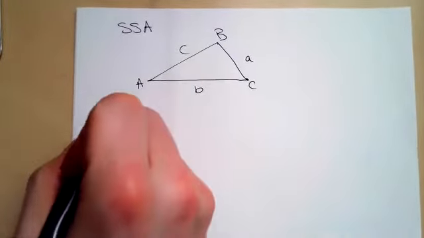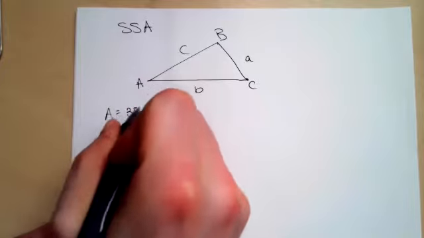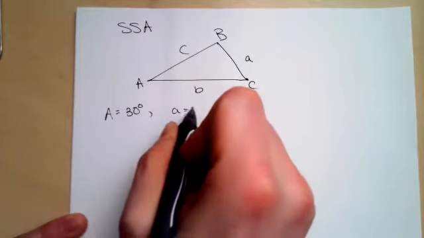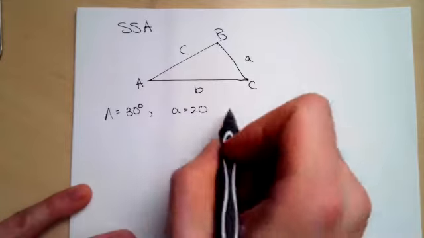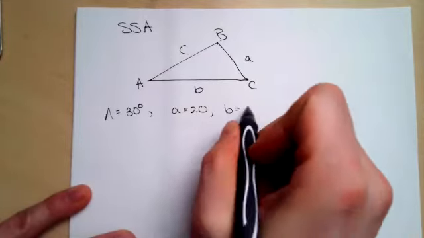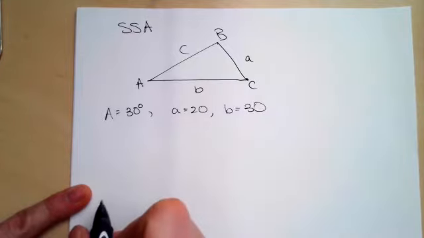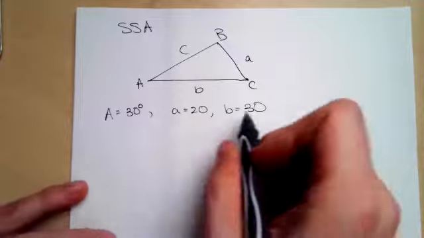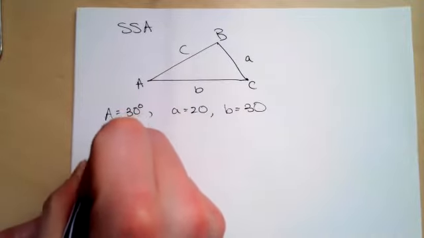So let's say we're given A is 30 degrees. Little a is 20. Little b is 30. And we want to find angle B.